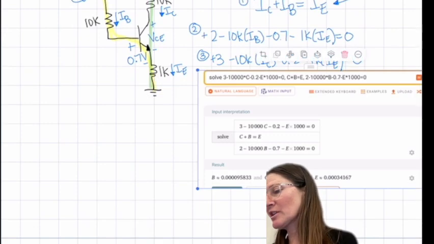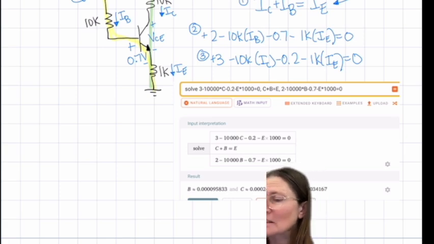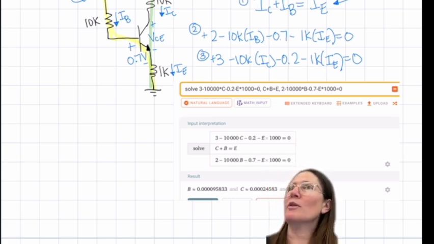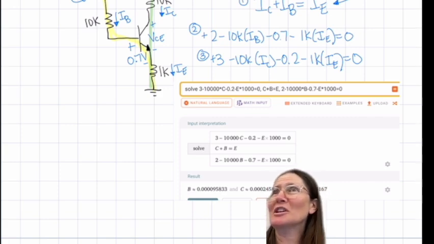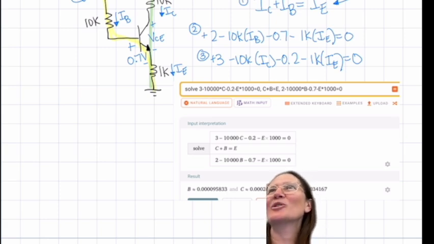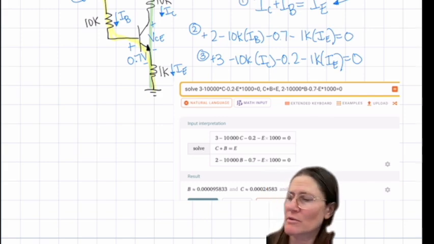So putting those in Wolfram Alpha, if you do use it, don't use I as a variable in there. It looks at I as an imaginary number. So you want to just change the variables. I just changed them to C, E, and B, meaning the currents in those.